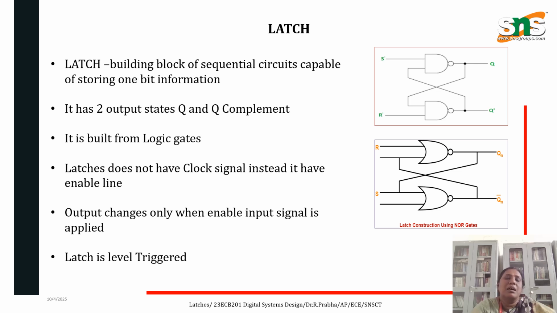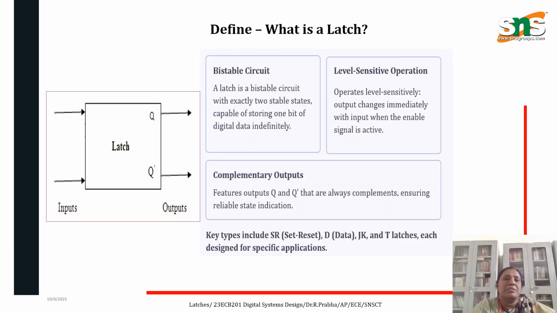Latches do not require a clock signal, but instead have an enable signal, and the output changes only when the enable input signal is applied. The latch is always a level-triggered device. A latch is a bistable device having inputs and two outputs, and it is level sensitive so that the output will be reliable. Q and Q bar are always complement to each other, which also ensures the reliability.